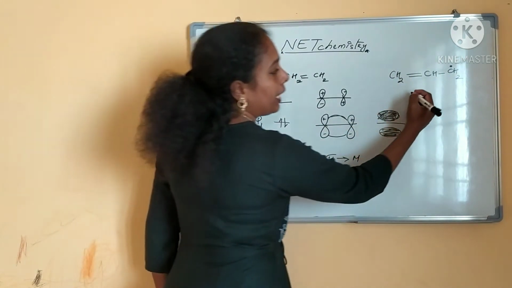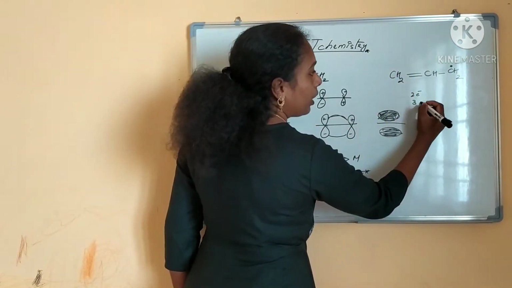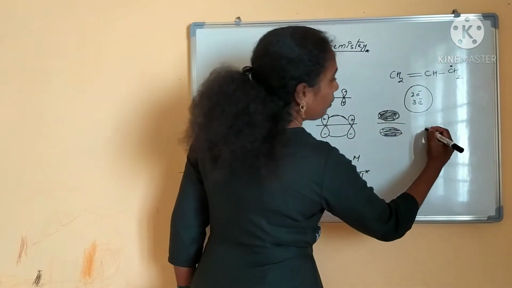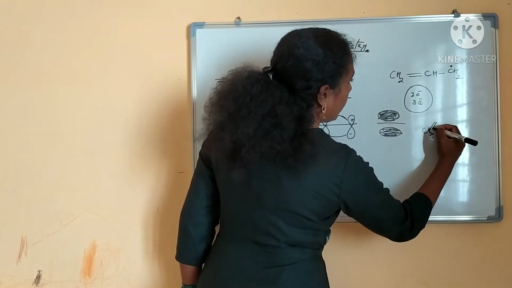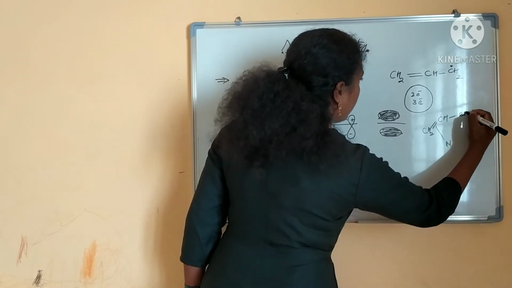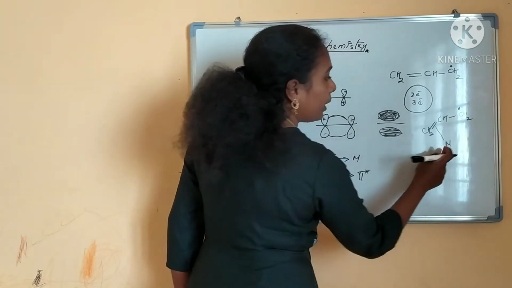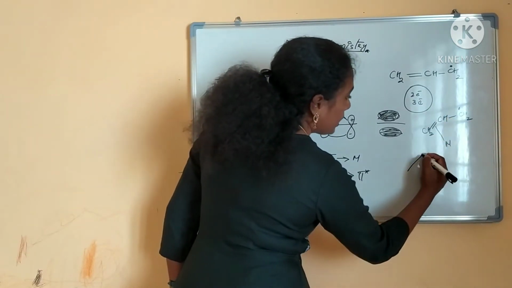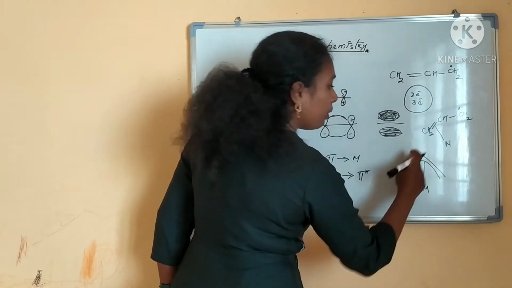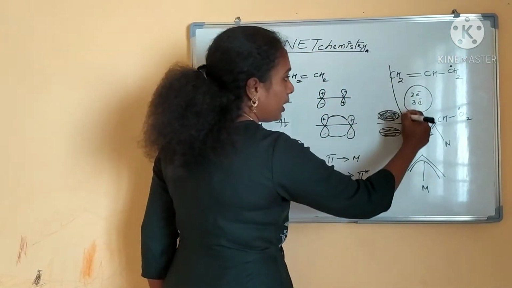It can act as a 2 electron donor or 3 electron donor. Both it can act; it will give 2 electrons or 3 electrons. How will it be? It will be bonded to the metal like this also. From here it can bond to the metal, okay? Then that will be a 2 electron donor, or else it can be bonded like this to the metal. Then it will be a 3 electron donor.